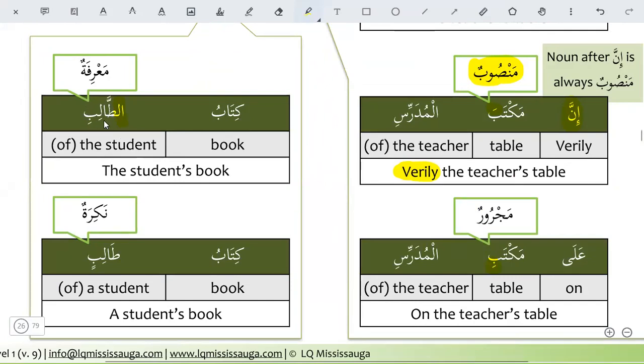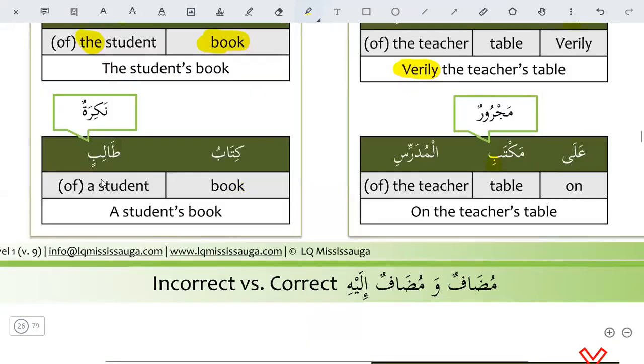Because the mudaf ilay is definite, this book is also definite. The student. The is a particle of definite in English. So in Arabic, alif lam is a particle of definite. The student's book. Because of the mudaf ilay, at-talib, kitab is also definite.